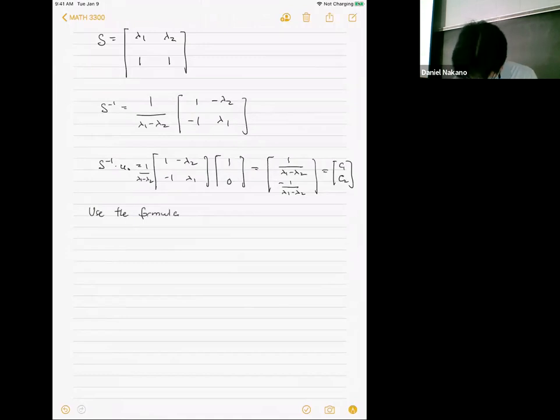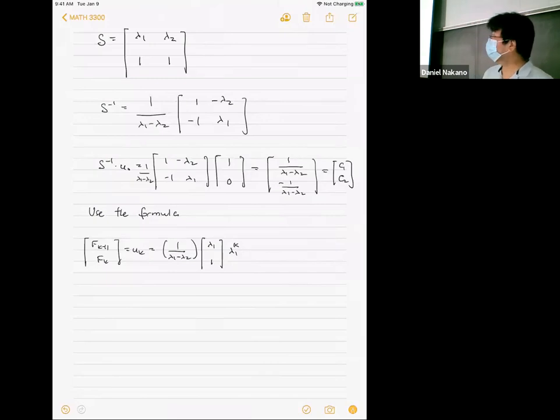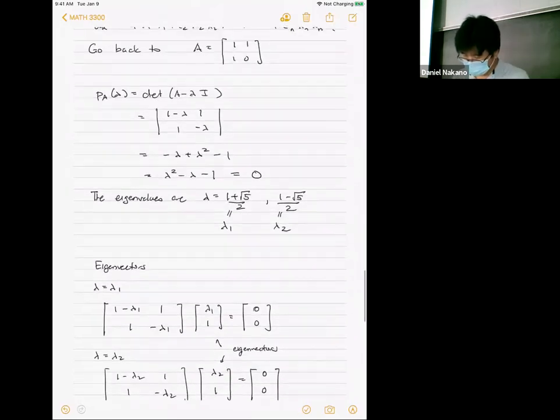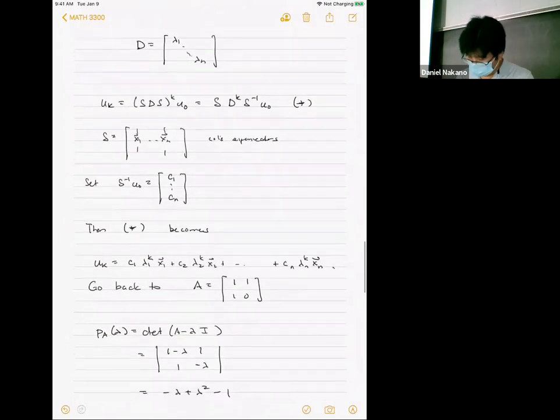Okay. So UK, which is FK plus 1 over FK, this is UK. That's equal to C1, 1 over lambda 1 minus lambda 2 times the eigenvector lambda 1, 1, and then you raise the eigenvalue to the kth power. Okay, so I'm just using this formula up here.